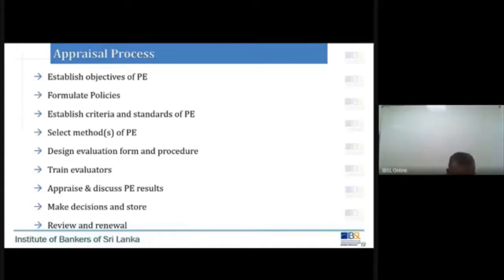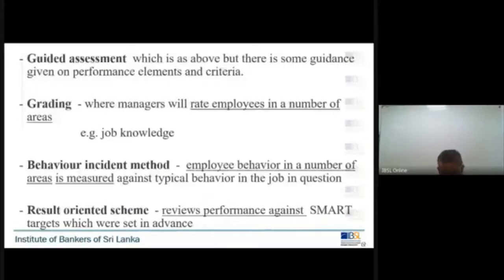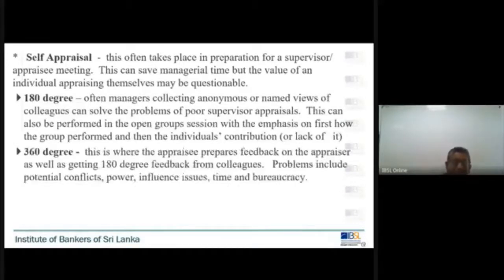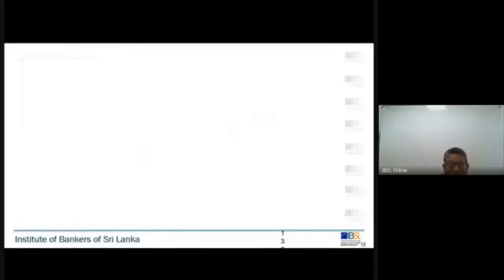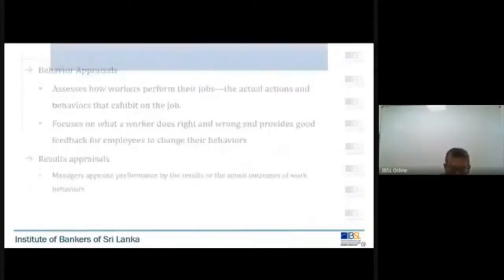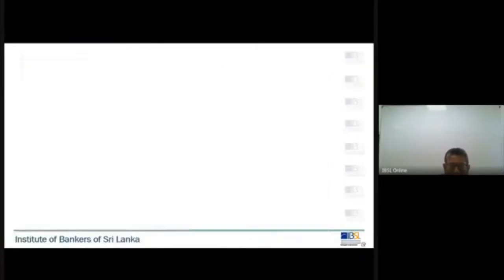So most of the time, what happened? When your boss is evaluating, there may be a lot of errors that come into the results, right? Okay, don't worry about this.